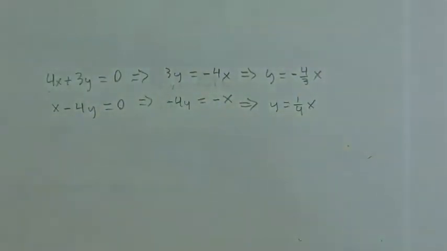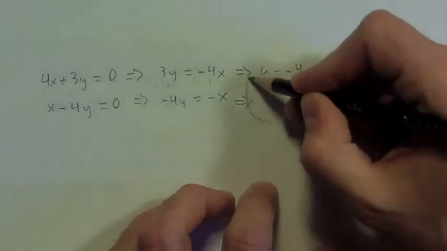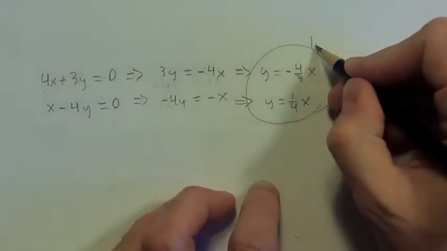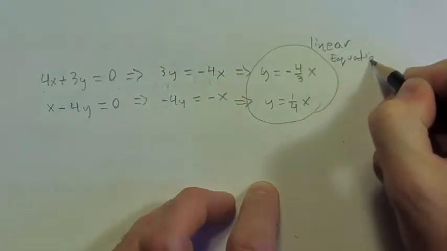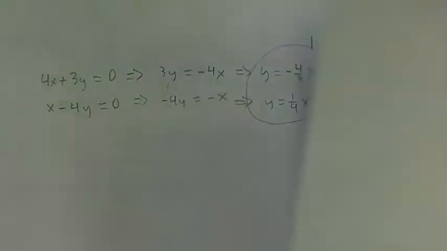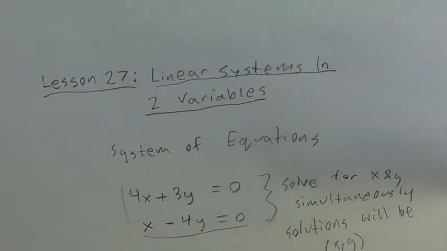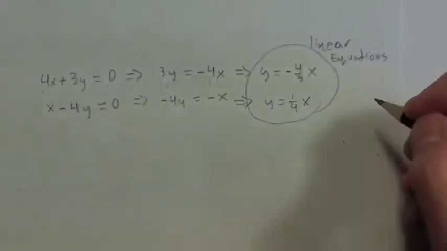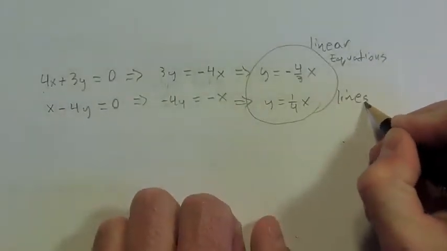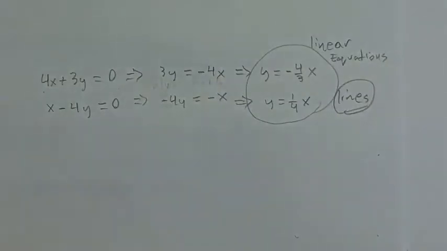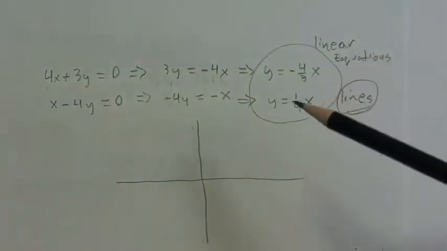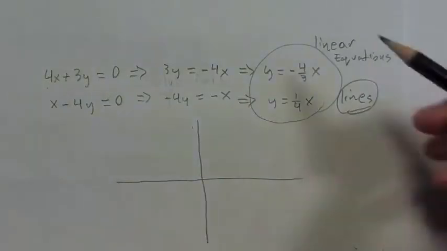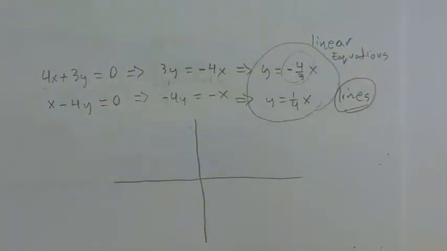Now here's what's going on with these. These are linear equations, and that, of course, was in the name, linear systems. It's in the name of the lesson. But specifically, these are lines. What that means is if I graph these lines, the first one has a slope of -4/3 and y-intercept 0.